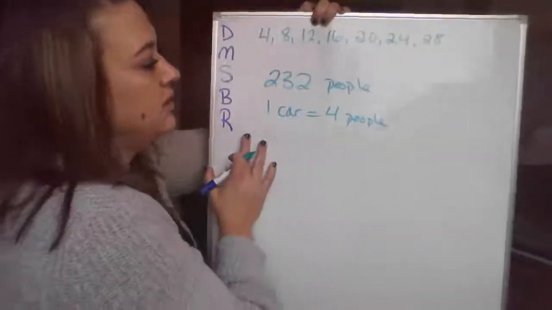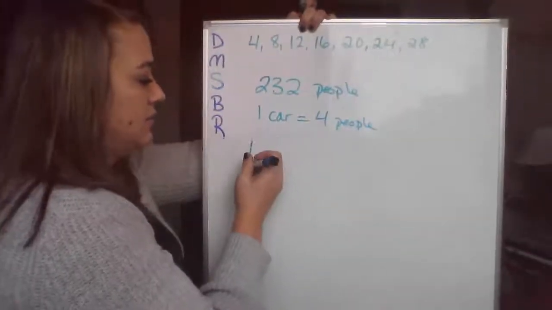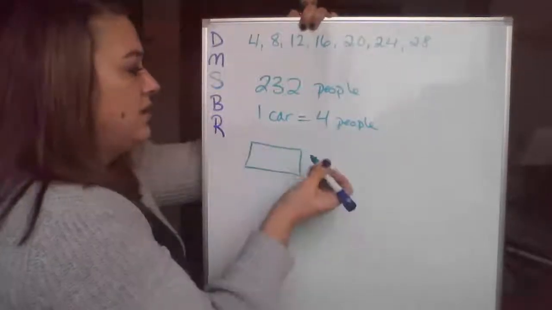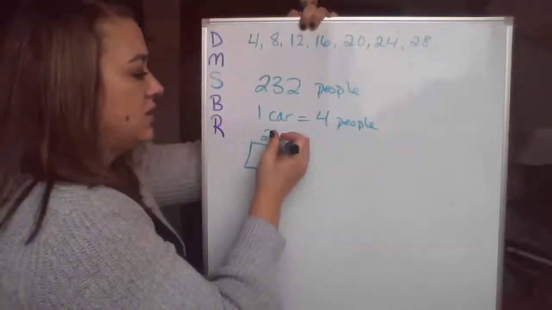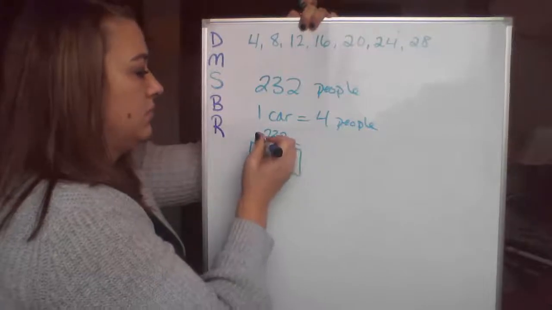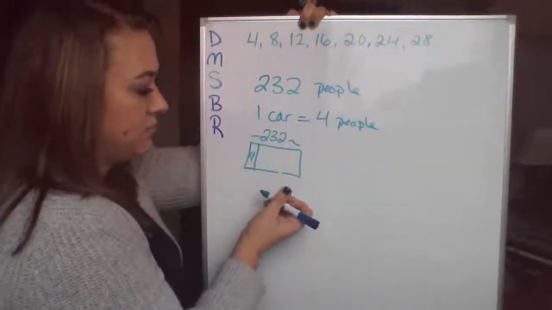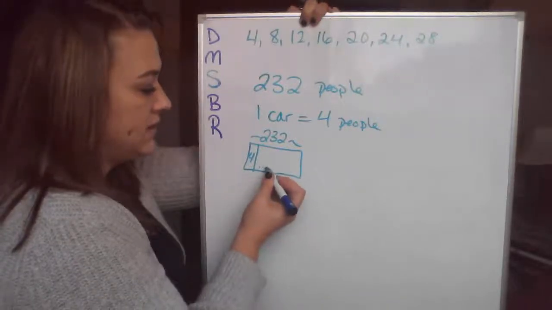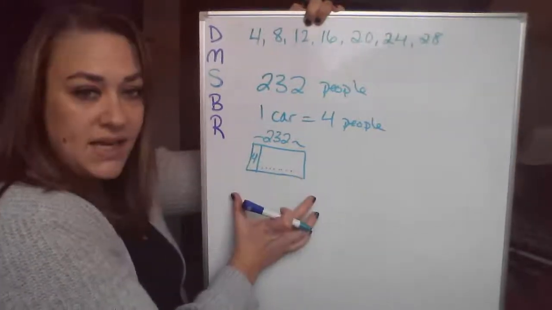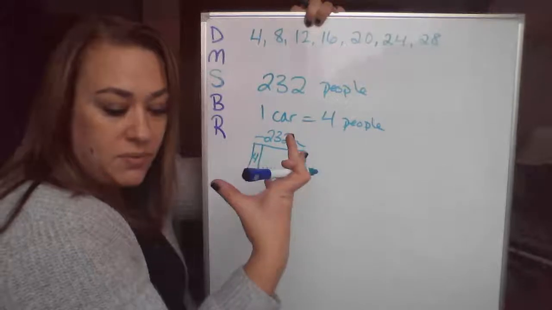Okay, so if I were to draw a tape diagram for this, I know that I have 232 total people. I know that one car holds 4 people. What I don't know this time is how many cars I need. So the cars would be our units.